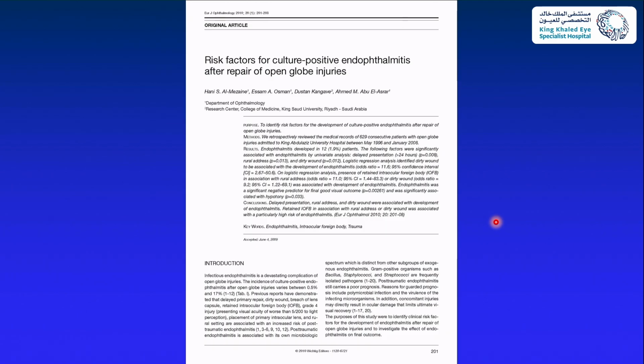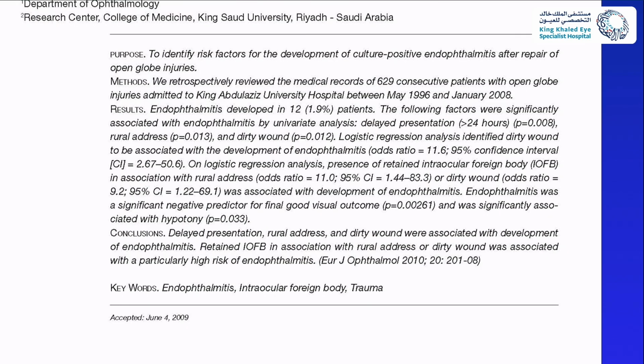Then this is a paper that we published several years ago on risk factors for culture-positive endophthalmitis after repair of open globe injuries. And in this study, the incidence of endophthalmitis was 1.9%.